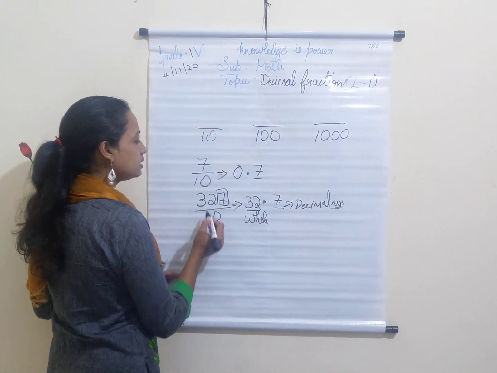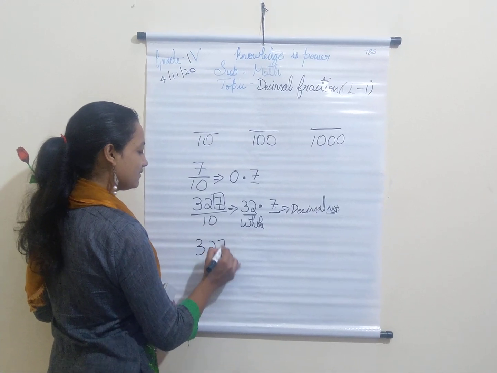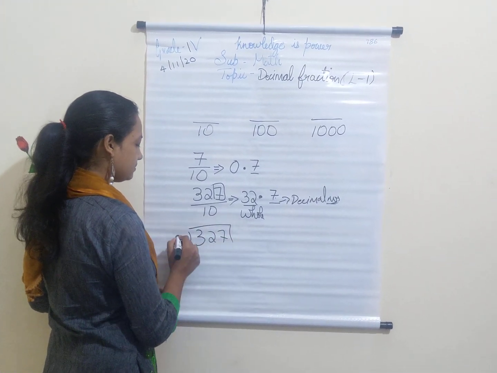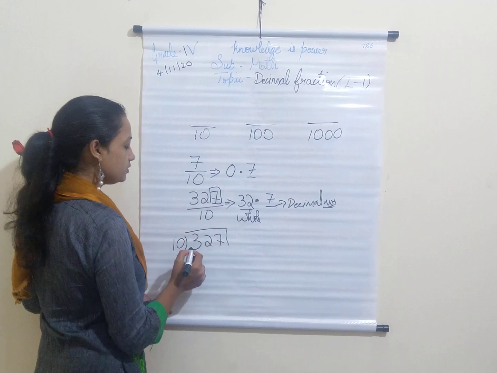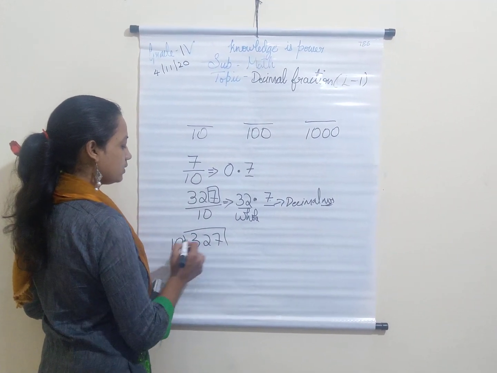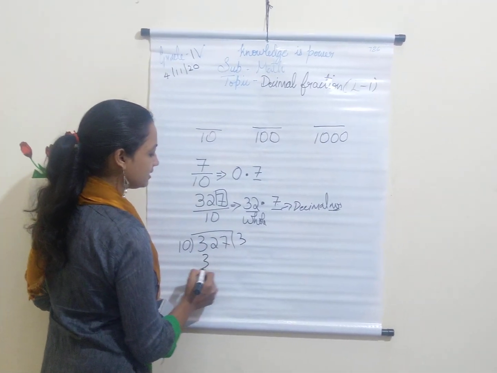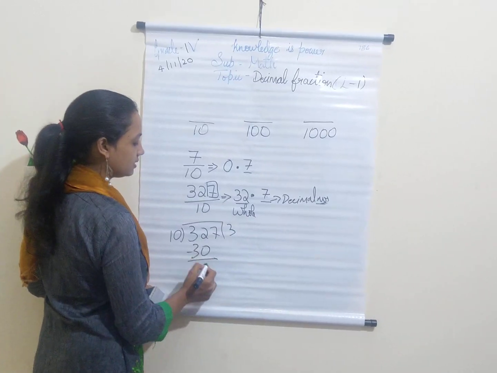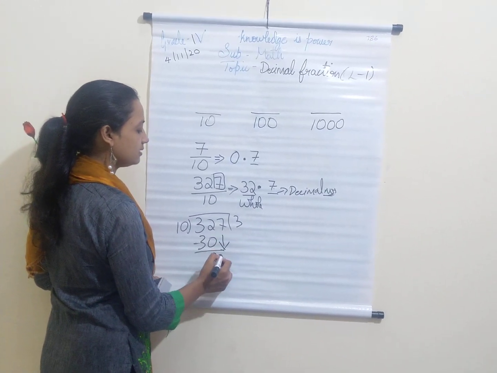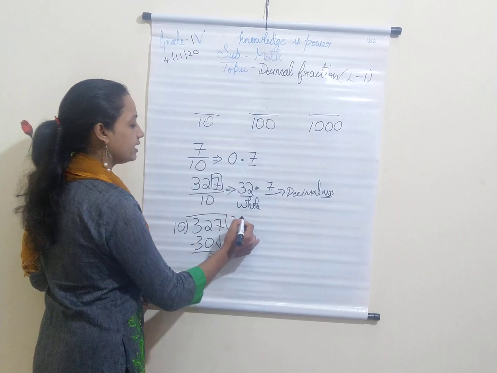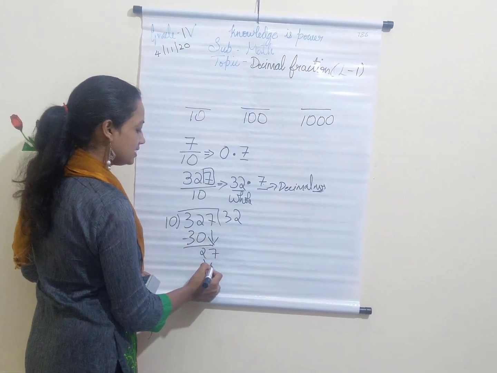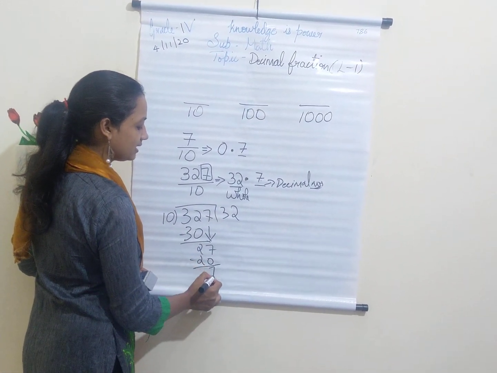Actually, how do you do it? You take this 327 and divide it by 10. When you divide it by 10, what answer do you get? 10 3s are 30. 2 remainder, adding the 7. 10 2s are 20. And I write 7.